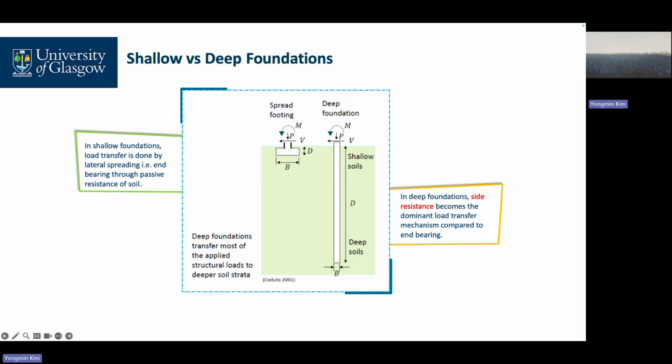Compared to embedded depth, our shallow foundation width is more than 2 meters, 3 meters, but the depth is less than 1 meter, right? The width effect is quite significant, but we don't know how significant it is. That's why we multiply by 0.5, to reduce the effect.